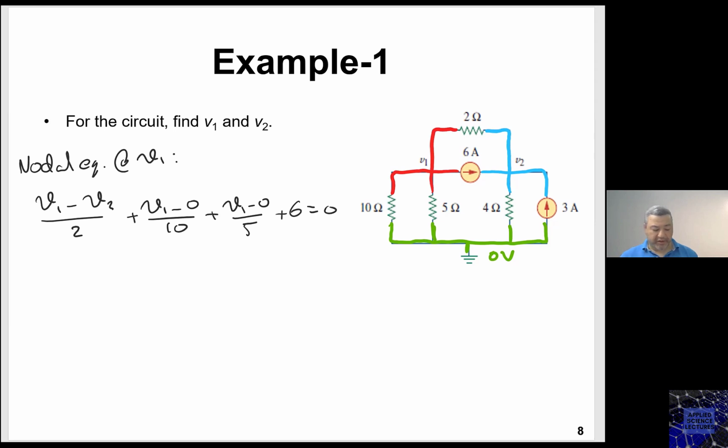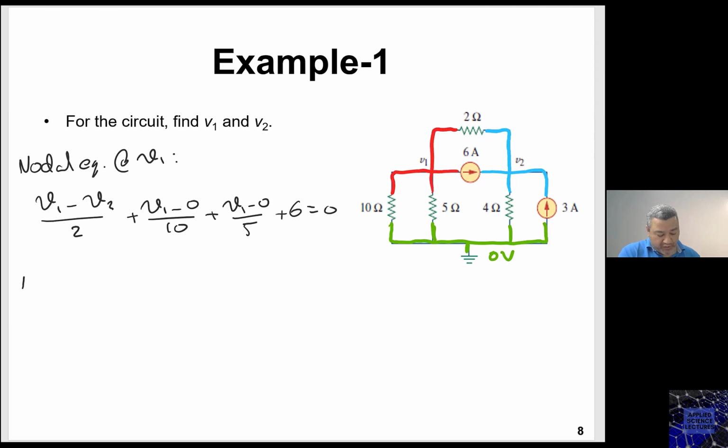Absolutely. That's correct. Okay, that's very good. So far you have demonstrated understanding of how to write the nodal equation by inspection for a circuit that doesn't have voltage sources.